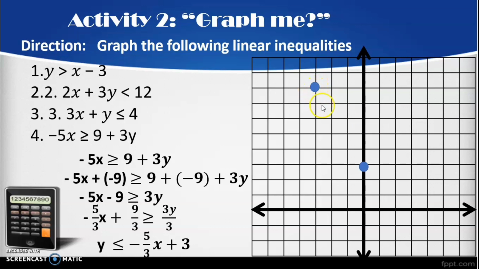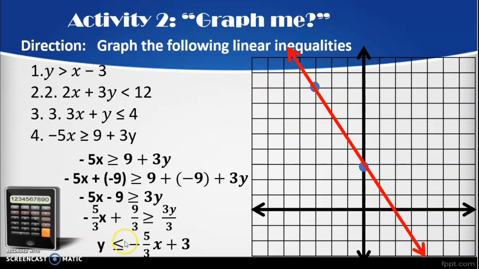Dito yung ating slope. Next step, number 4, we will connect the 2 points by drawing a line. Since ang ating inequality symbol is less than or equal to, meaning our line must be a solid line. Next is to shade the portion of our solution.